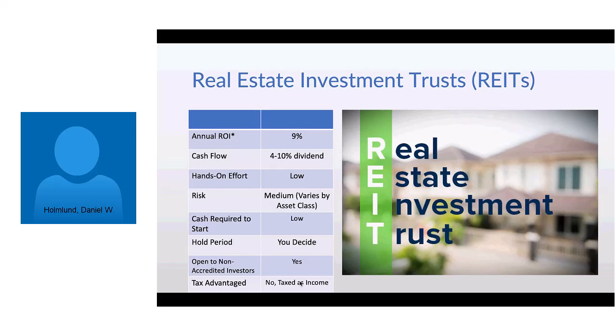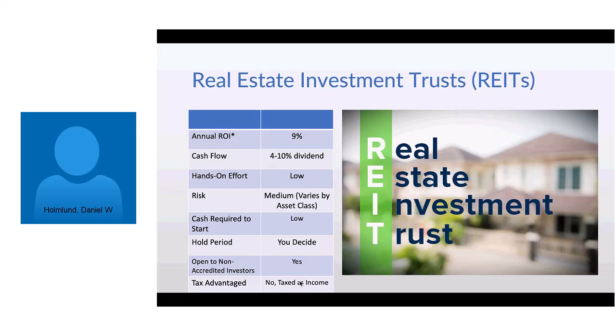Basically the reason why he did it was because there were properties to be bought and not enough money to buy them with. And so he needed to find a way of securitizing them, dividing them up into securities, and raising equity from the public. And so the real estate investment trust was really pushed for by Sam Zell and others.